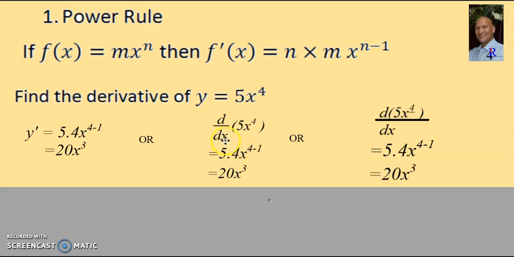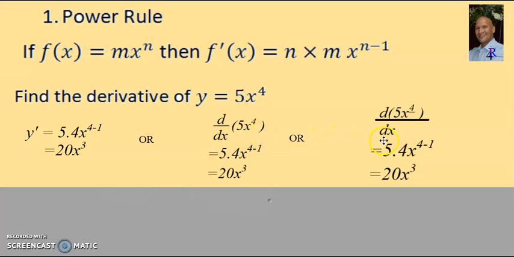The moment I differentiate, the d over dx disappears and my answer is given as 5 times 4 x to the power of 4 minus 1, and my answer is 20 x to the power of 3.